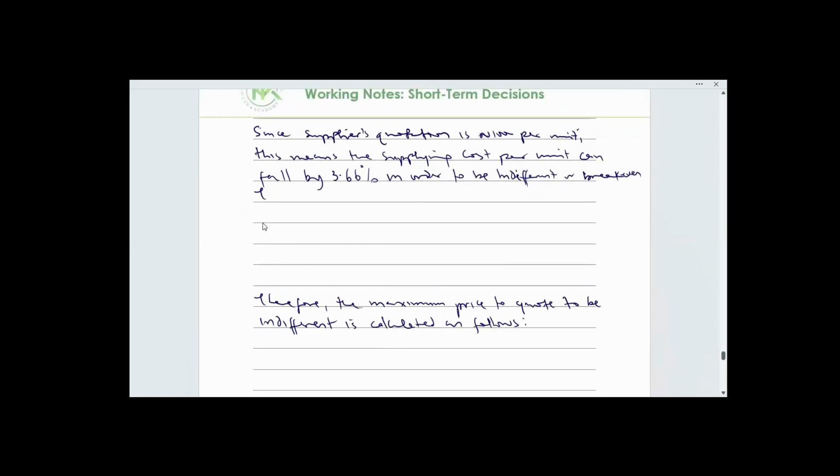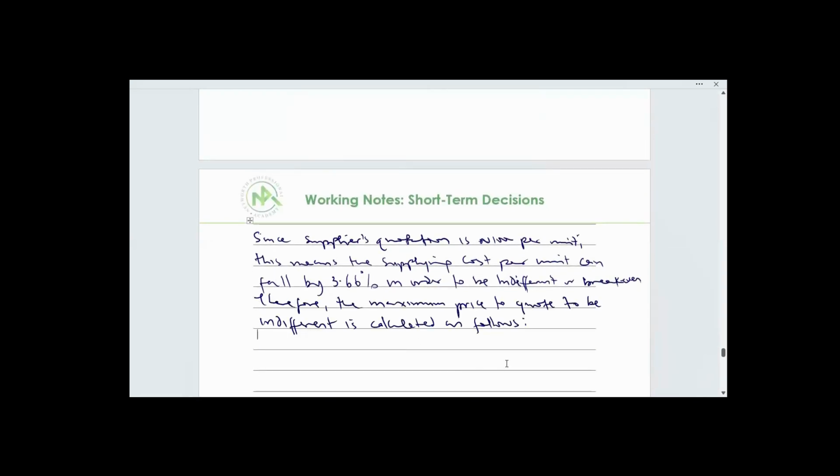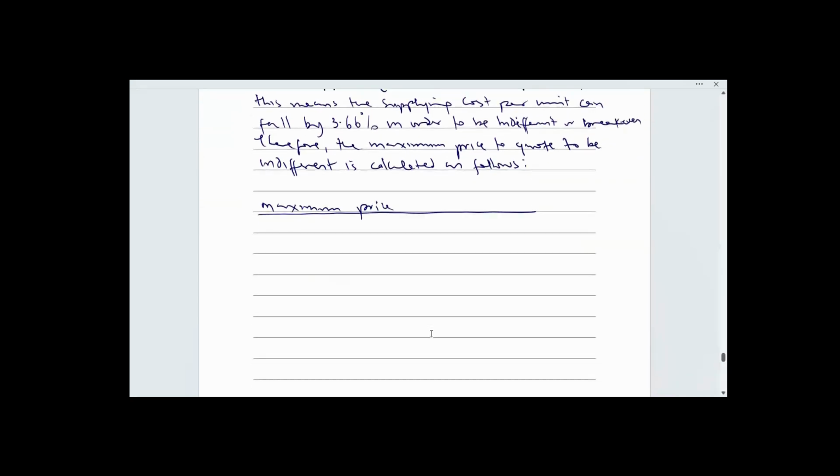Yeah, go back. Okay, that's it. Now, I would then say maximum price. The original supplier's quotation, supplying cost per unit, is 100 naira.